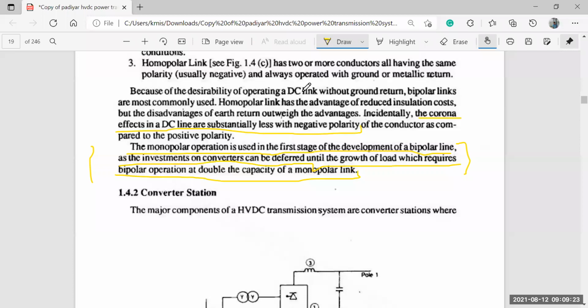Another name given, for the high voltage AC transmission line, is FACTS, that is, flexible AC transmission. That is also nothing but advanced power electronics components with your AC segment.